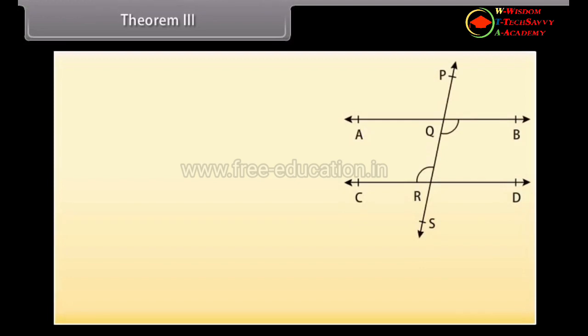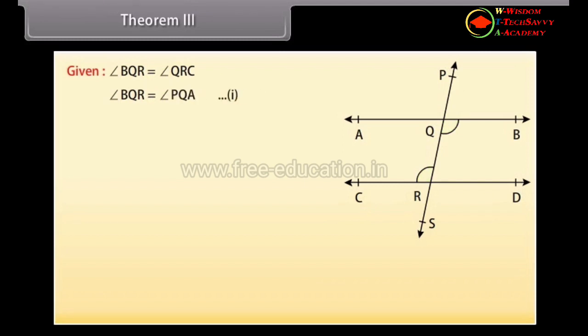Theorem 3. Now using the converse of the corresponding angles axiom, we can show the two lines parallel if a pair of alternate interior angles is equal. Come, let us check. Here the transversal PS intersects lines AB and CD at points Q and R respectively such that angle BQR is equal to angle QRC.